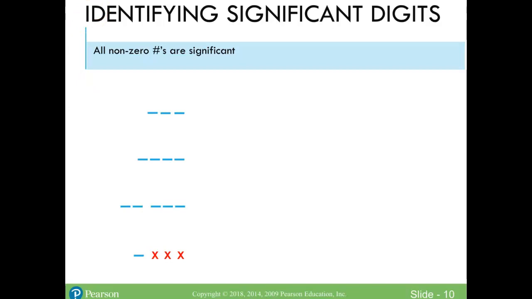Like a number such as 134, if you were asked how many significant digits does that number have, well, we're just going to count these. I'm going to abbreviate this a little bit. Number of significant digits in this case is 3 because none of these are zero.